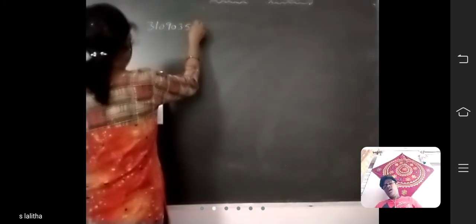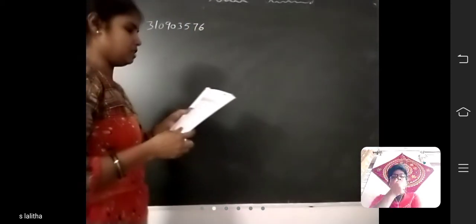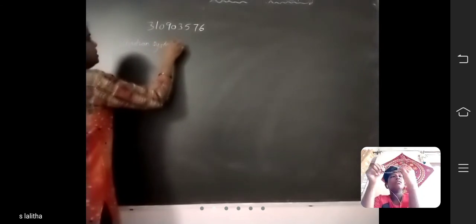Next, let us do one example, children. Write 310903576 in the Indian and international place value systems, in words. First write in the Indian system.